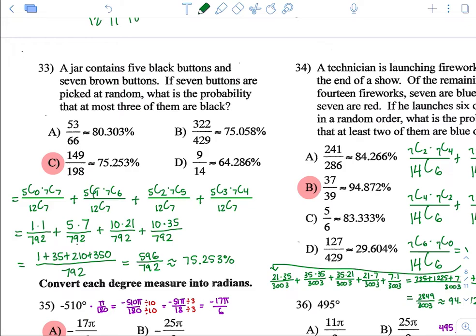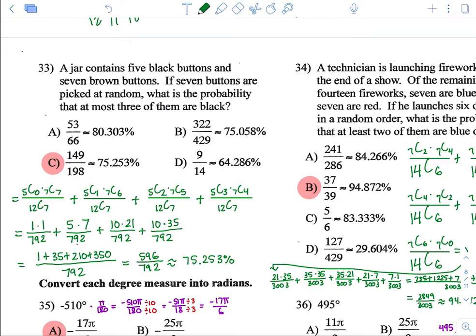If you select 1 black button out of the 5, then that means you must have chosen 6 brown buttons out of the 7 brown ones. Then, if you choose 2 black buttons out of the 5 black buttons, that means you must have selected 5 brown buttons out of the 7. And then if you chose 3 black buttons out of the 5, that means you must have chosen 4.